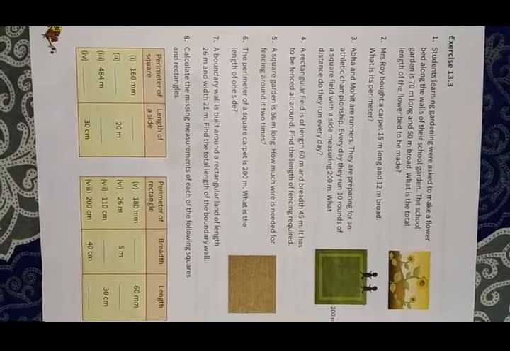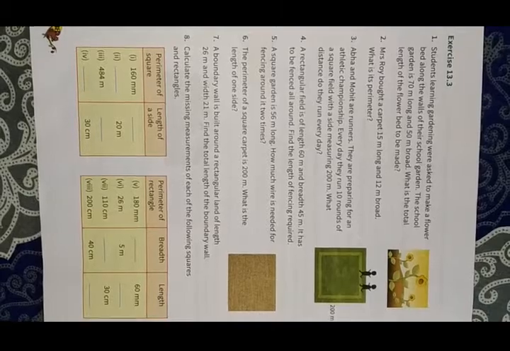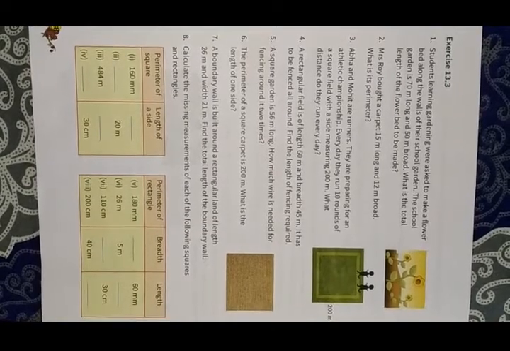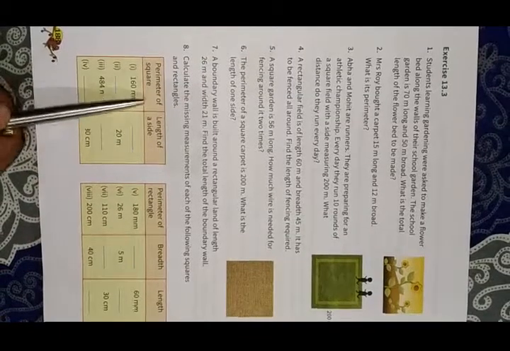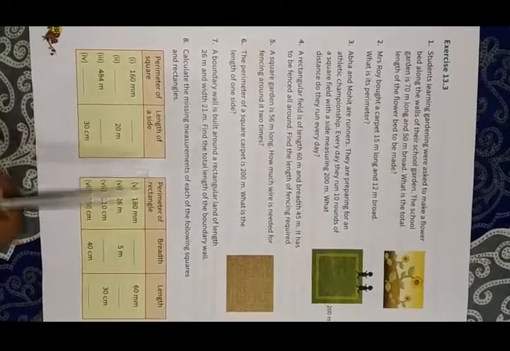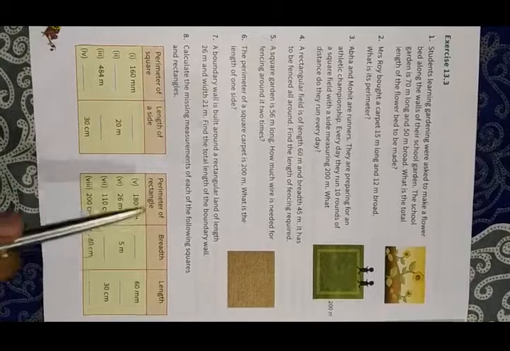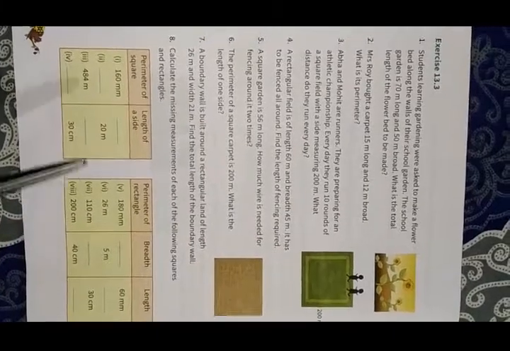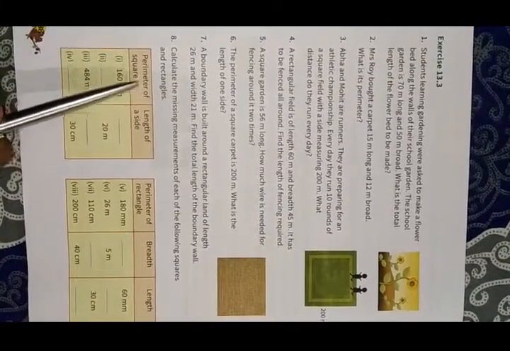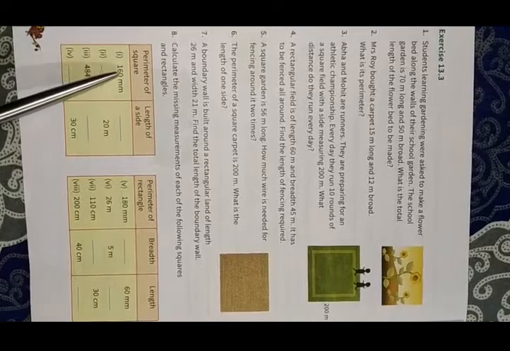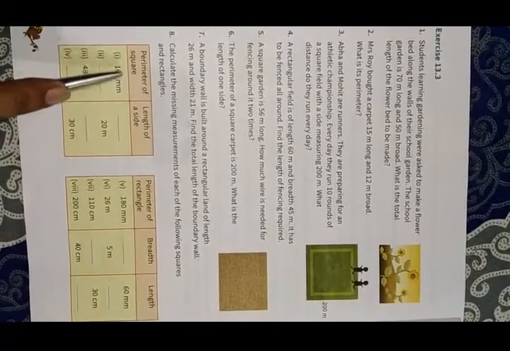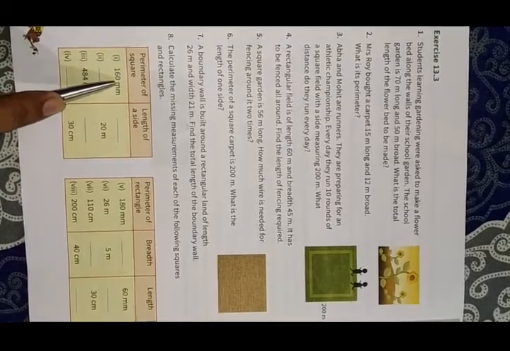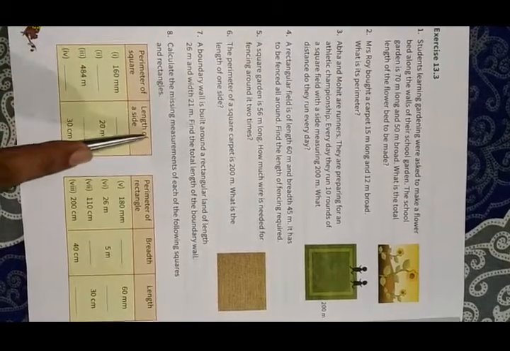Question number 8. Calculate the missing measurements of each of the following squares and rectangles. In the first box the perimeter of a square is given and in the second box a rectangle is given. First part, the perimeter of the square is 160 millimeter and we have to find the length of the side.